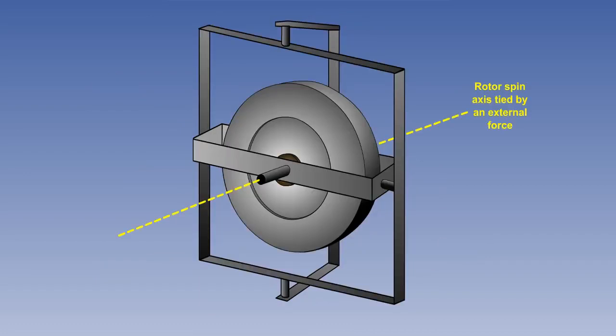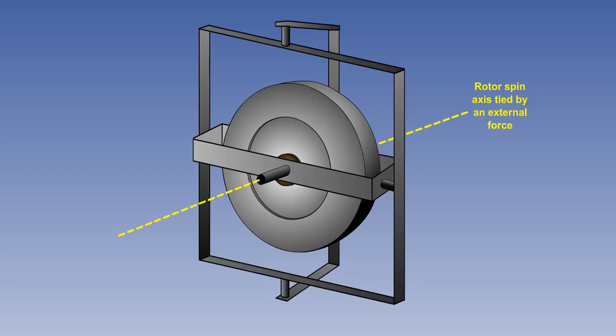Let's now look at the tied gyro. The tied gyro is also mounted in a 2-gimbal system, and because we ignore its spin axis, the tied gyro can be said to have 2 degrees of freedom. However, the fundamental difference between a space gyro and a tied gyro is that with the tied gyro, the rotor spin axis is controlled or tied in a desired position by an external force.